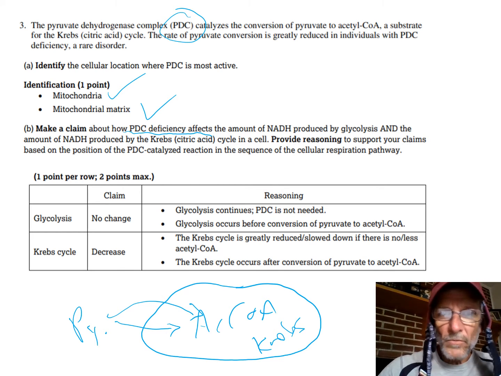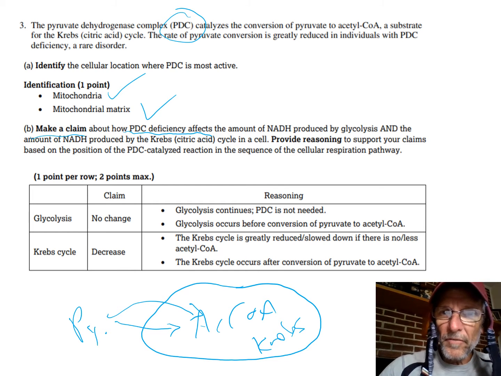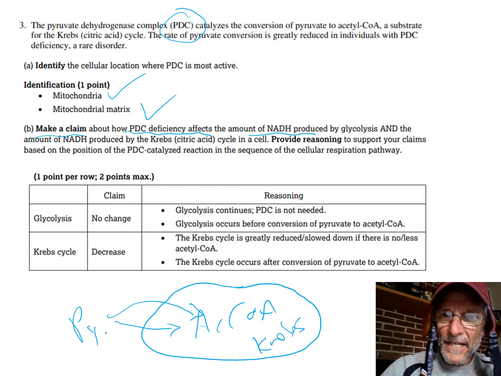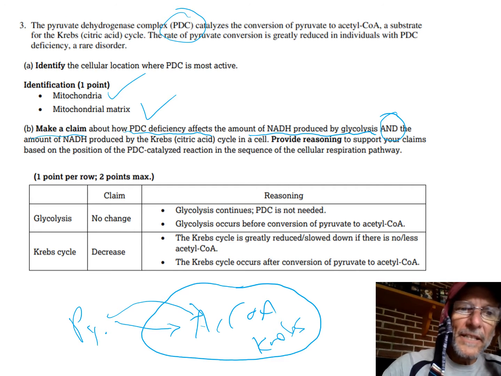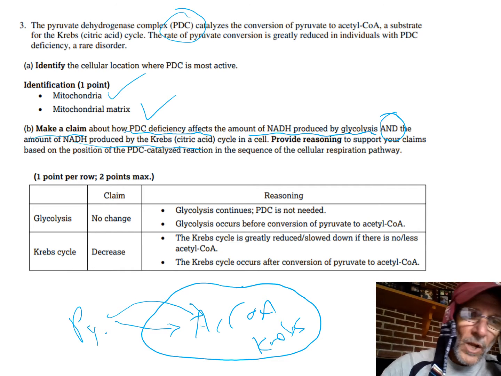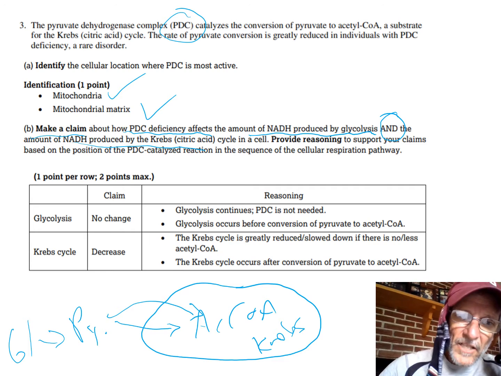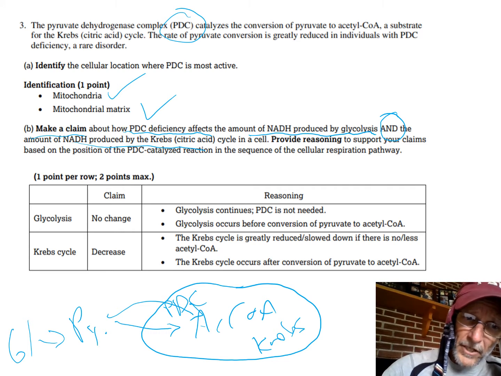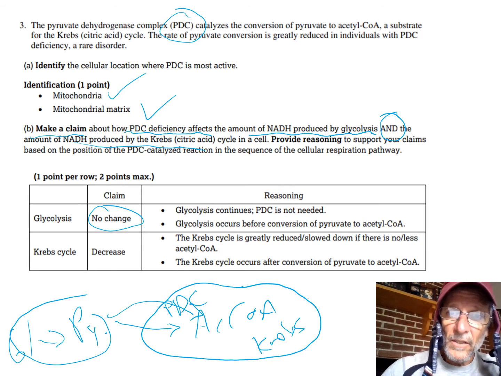They ask you to make a claim about how that's going to affect the amount of NADH produced by glycolysis and the amount produced by the Krebs cycle. Well, glycolysis was out here, glucose to pyruvate. This PDC stuff works in here, so you should correctly figure that it shouldn't affect this at all. No change in the amount of NADH produced out here, right?